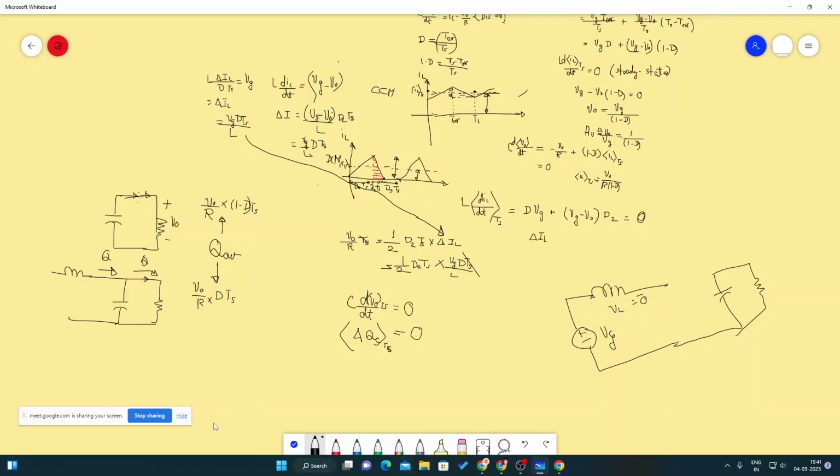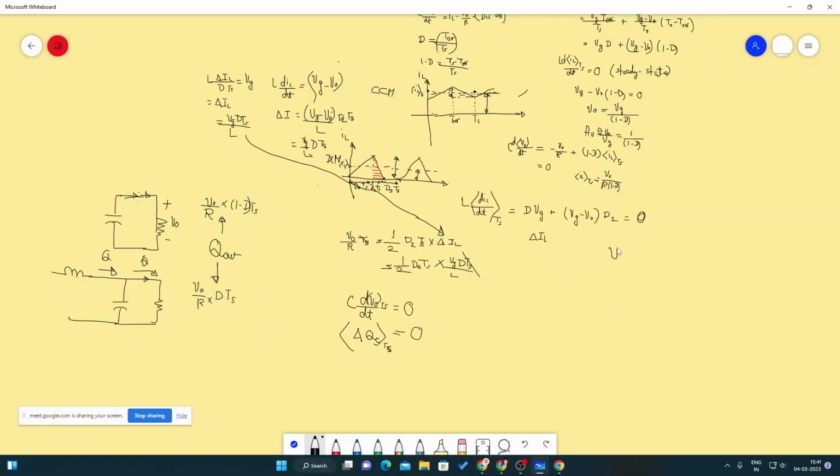Okay, and sir, coming back to your question, the expression that I was also saying is a function of load resistance, how it will come, I am just showing you. So this is one expression.